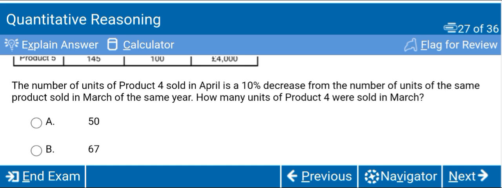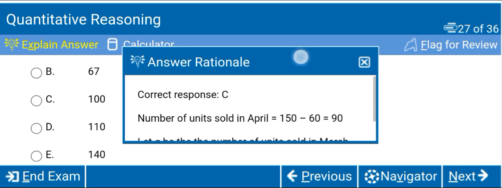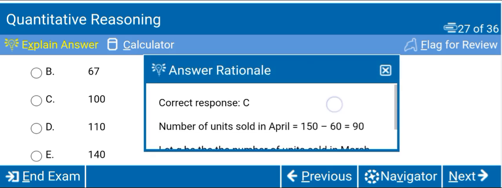So how many units of product 4 were sold in March? Option A 50, option B 67, option C 100, option D 110, option E 140. Correct response we have is option C.